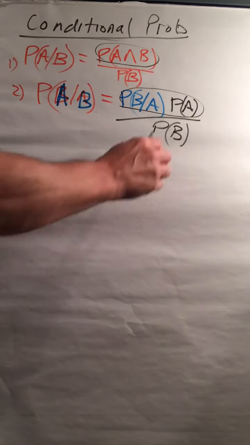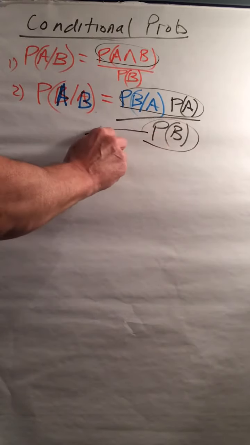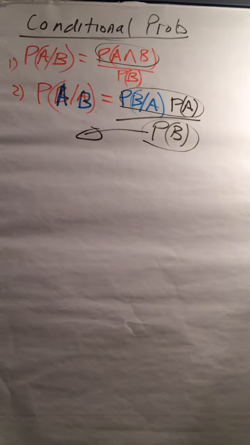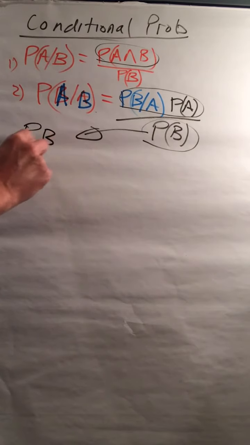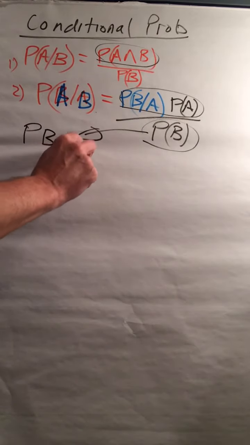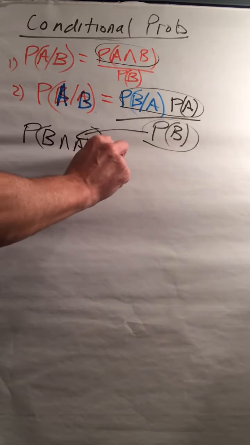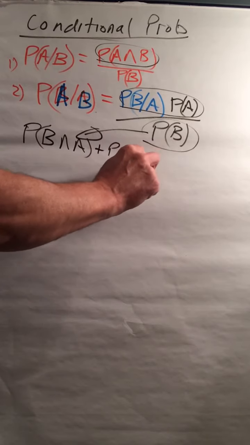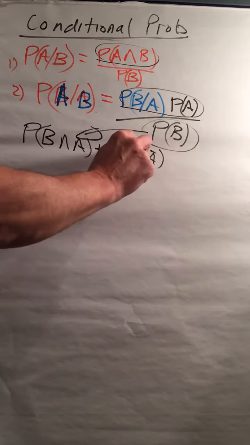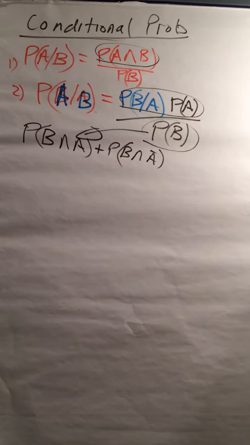Now let's take a look at the bottom number, and that was simply the total law of probability, where the probability of B was the probability of B and A plus the probability of B and not A. And again, that's where A had two outcomes.